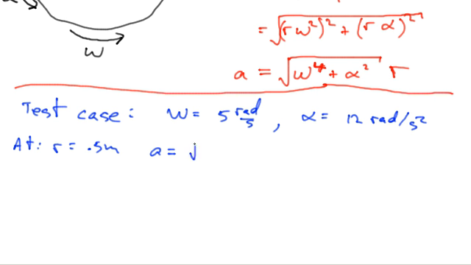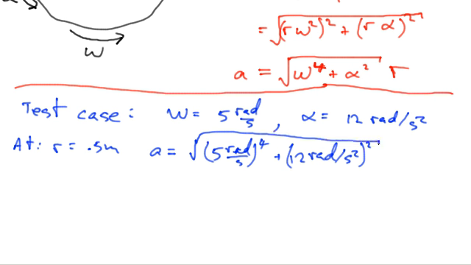So at that, we got 5 radians per second, quantity to the 4th power, plus 12 radians per second squared, quantity squared, and then all that times 0.5 meters.